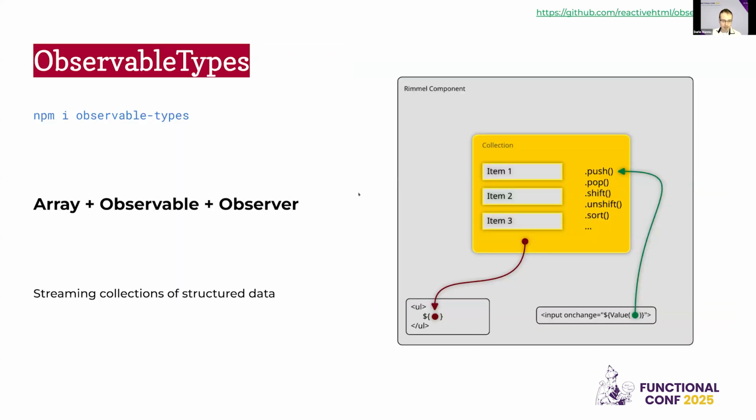When your application starts to grow a little bit, you will not necessarily want to just deal with simple values, but with something more advanced and complicated, like arrays of objects, etc. So we create this thing, observable types, which essentially is a JavaScript array plus observable plus observer. It's a reactive array handler, created just to do things like this.